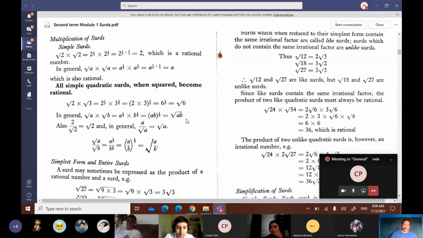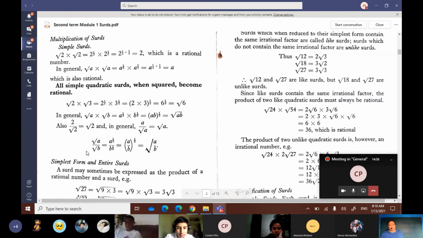So we've looked already at 2 general laws. The first law is the square root of something times itself, and then the square root of a times the square root of b. Very important rules. Also, 2 over the square root of 2 equals the root of 2. In general, a over the square root of a will equal the root of a.